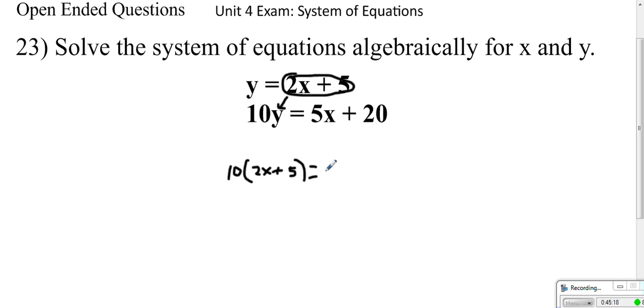Equals 5x plus 20. Oops, I forgot the plus. Distributive property, 10 times 2x is 20x. 10 times 5 is 50. Equals 5x plus 20.